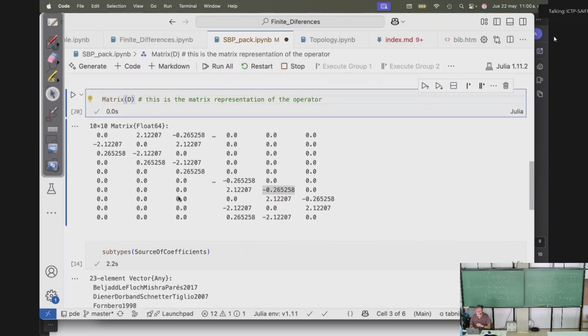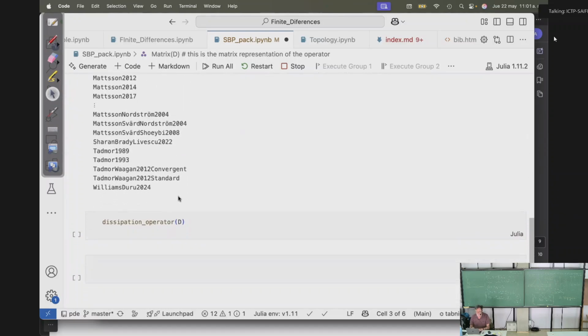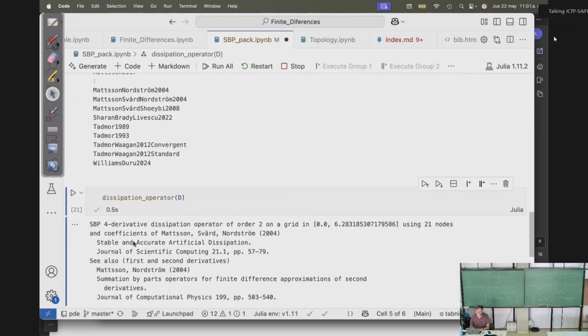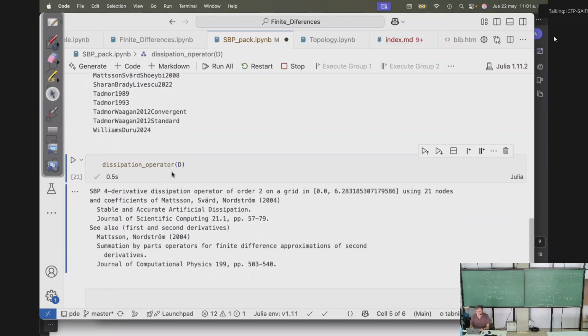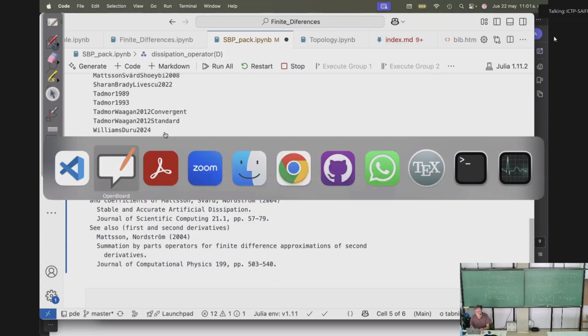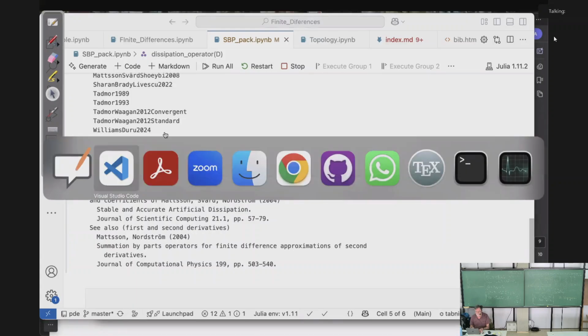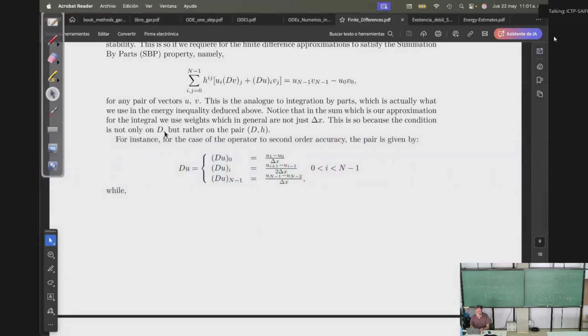So let's try to do some, and here you have the dissipative operator too. Right? The dissipative operator for this is summation by parts. These operators are called summation by parts because of this property that we were looking at, where it was here.